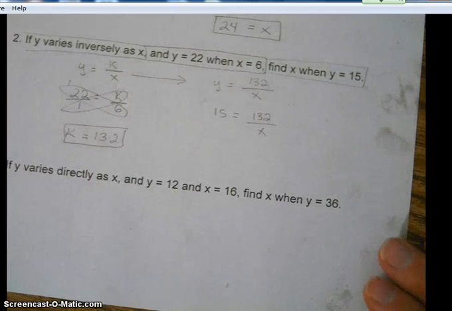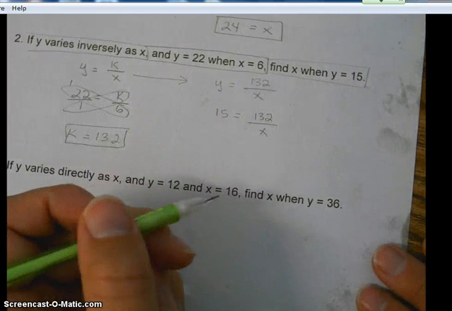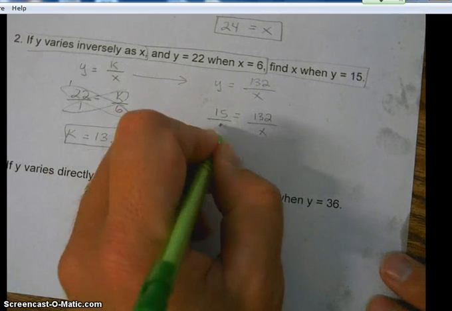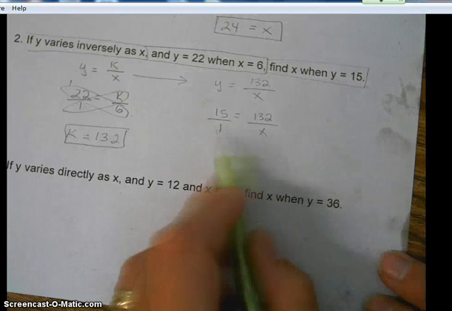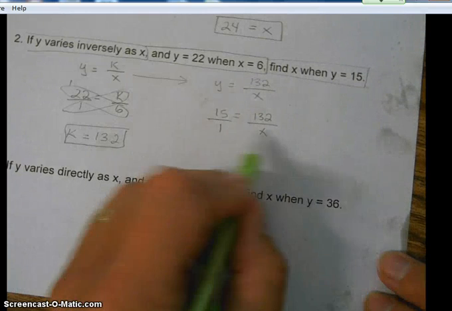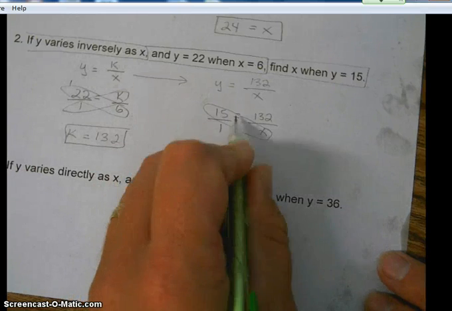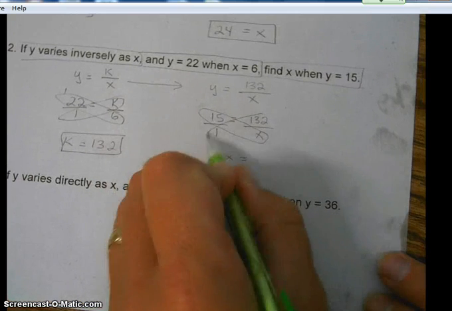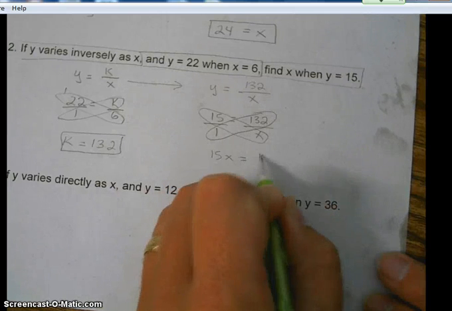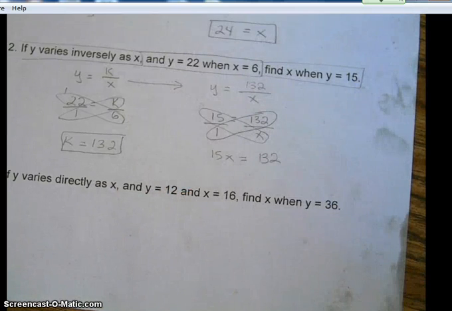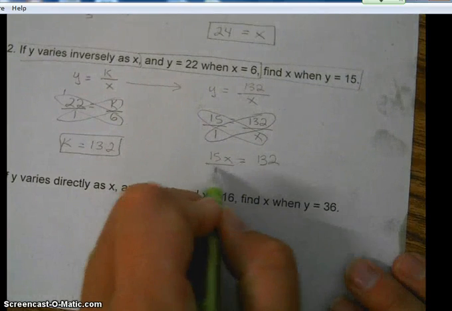Now remember, with these types of problems, the easiest way to solve these is by setting up a proportion and cross-multiplying. 15x, bring down the equal sign, cross-multiply, 132, and then 132, we're going to divide that by 15.